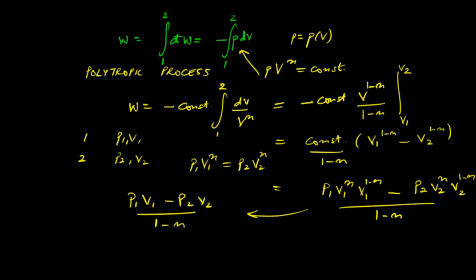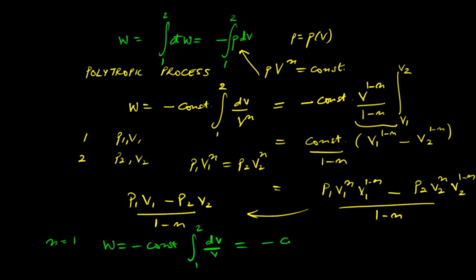So that's the solution. But note that if you had n equal to 1, then this is not the formula that you would get. This is not the integral that you're going to get. In that special case, when n is equal to 1, you would get work is equal to minus constant times the integral of dV by V, and that would be the natural logarithm.